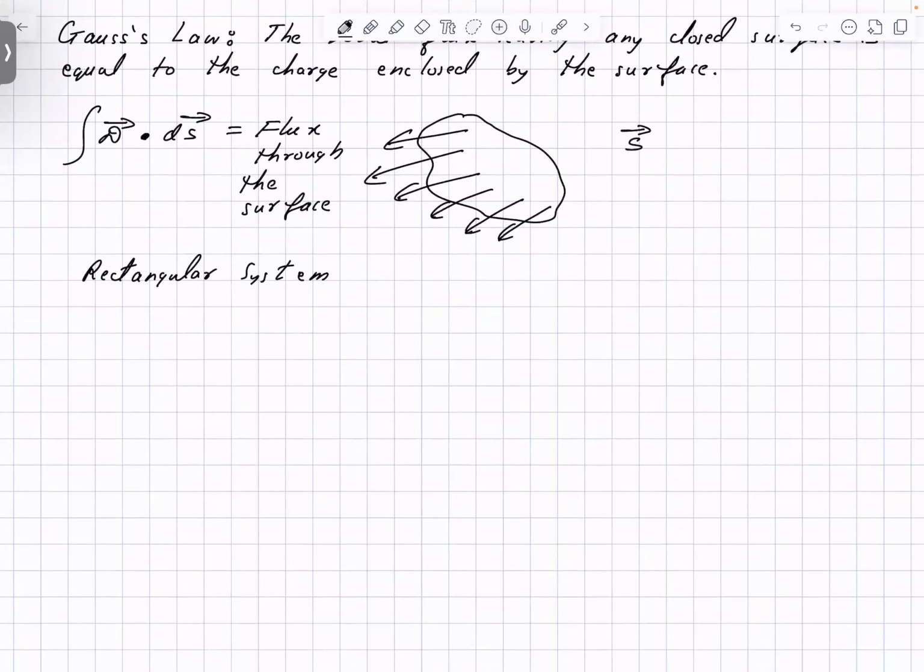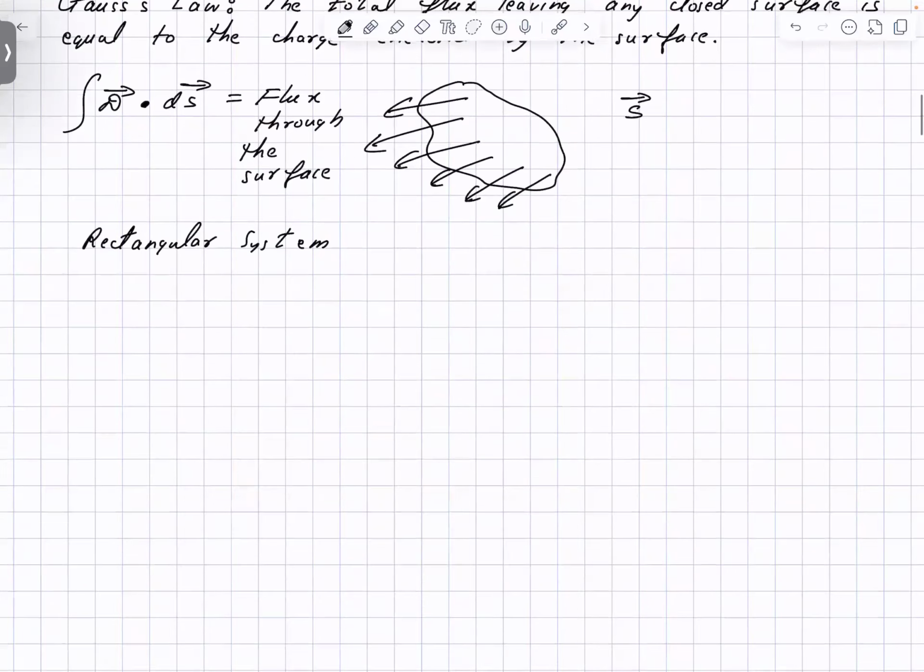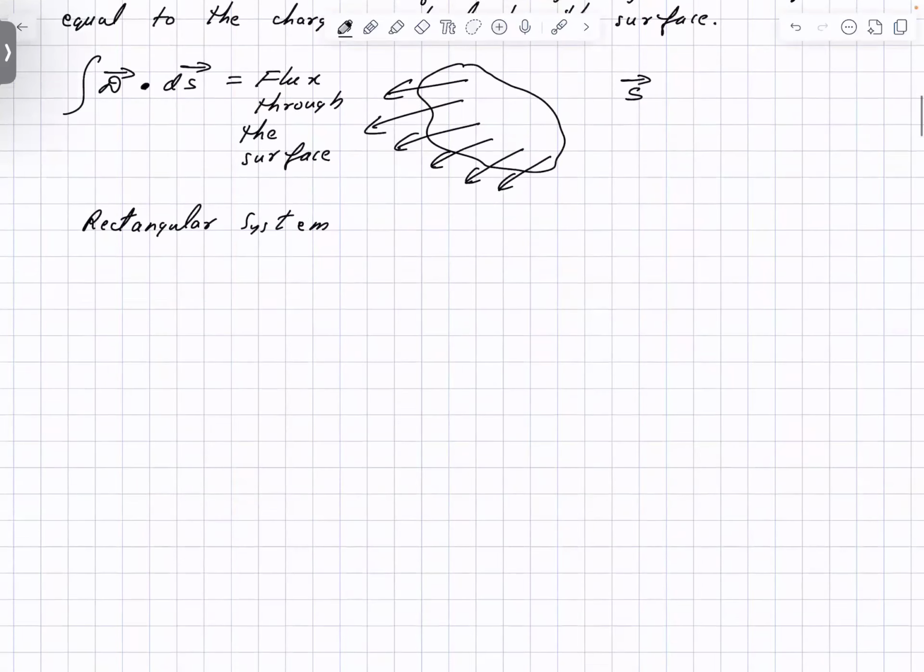We didn't write the rectangular one in the formula sheet, but this one is simple. In a rectangular system, the three differential surfaces are dy dz, dz dx, and dx dy.